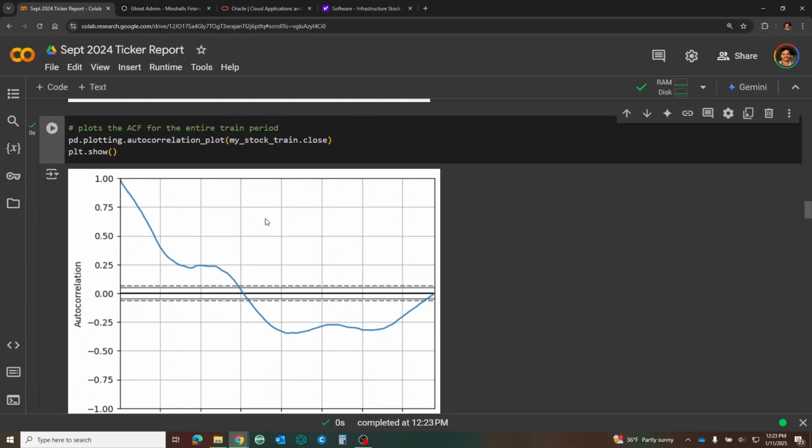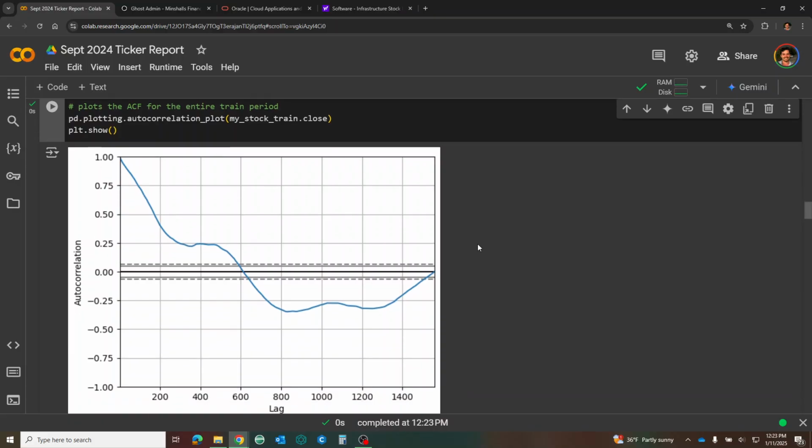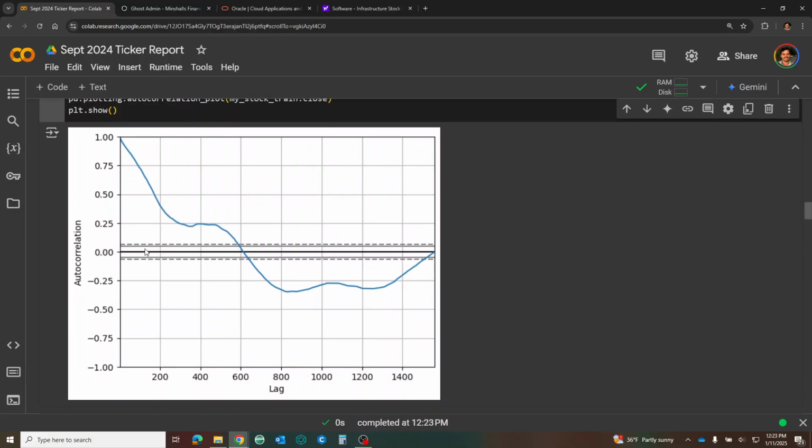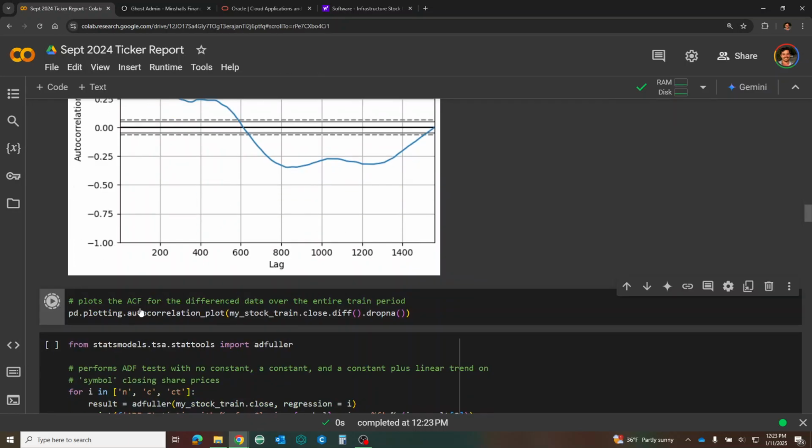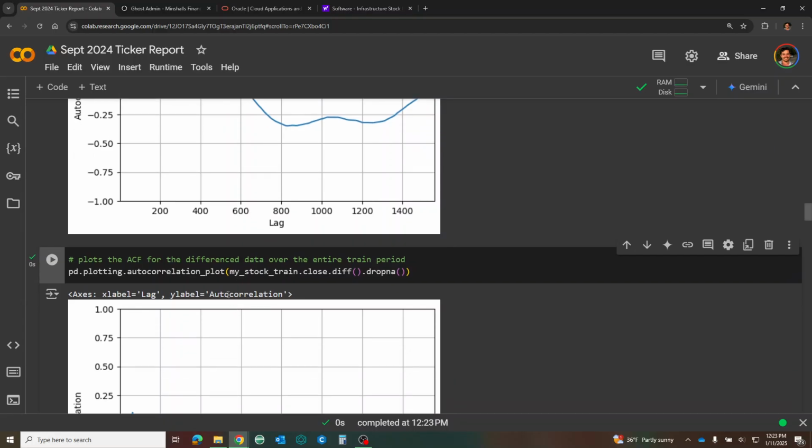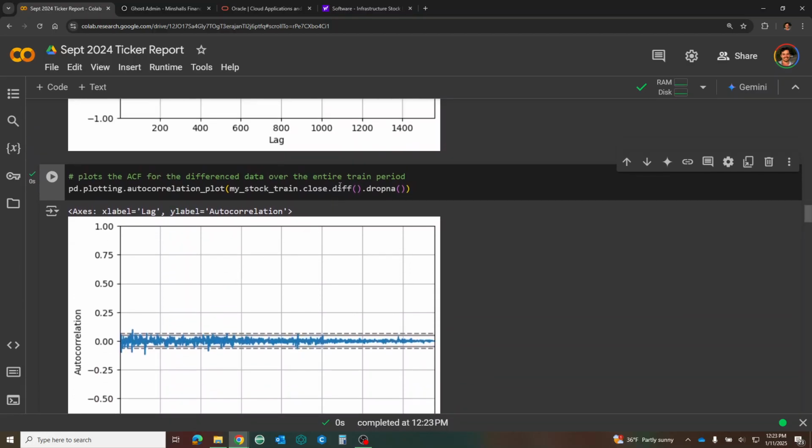We'll find out. So when we plot the autocorrelation function, what we're trying to find here is stationarity, which is, does it change over time with our lag? And you can see that it's not stationary. So we perform an ADF again, but what we're doing here is we're taking the difference and dropping any data points where it's null.